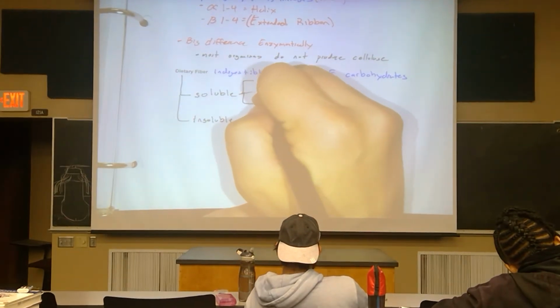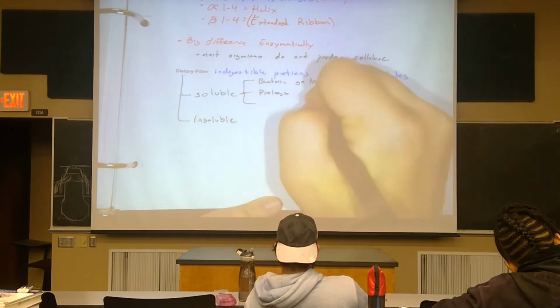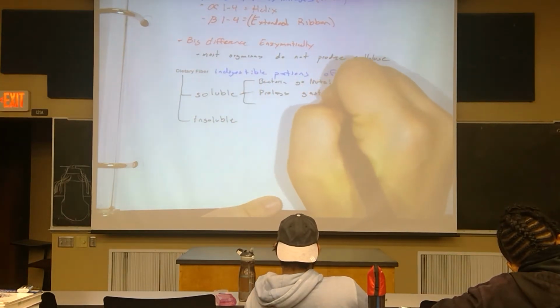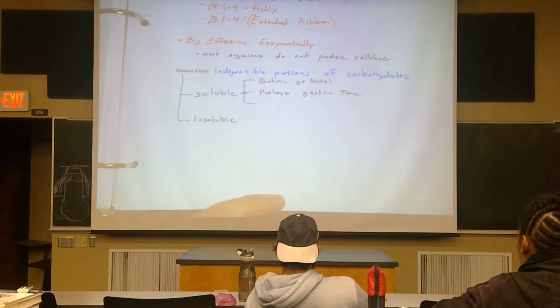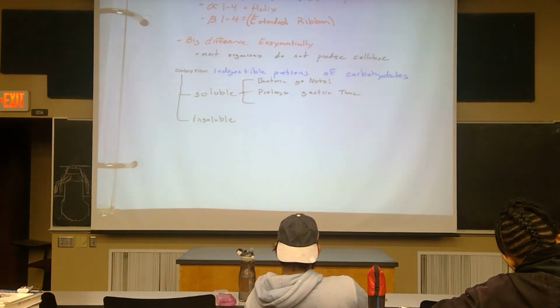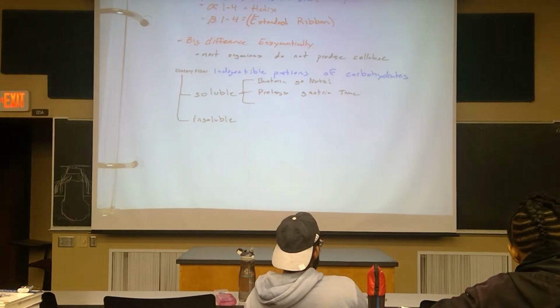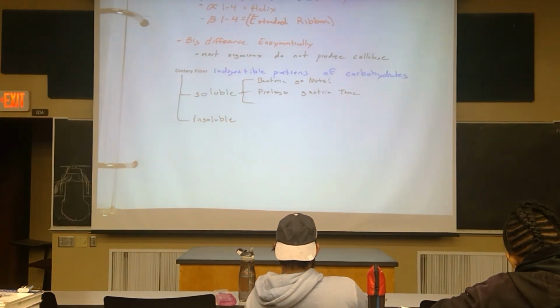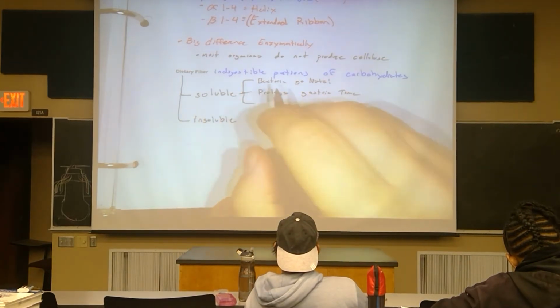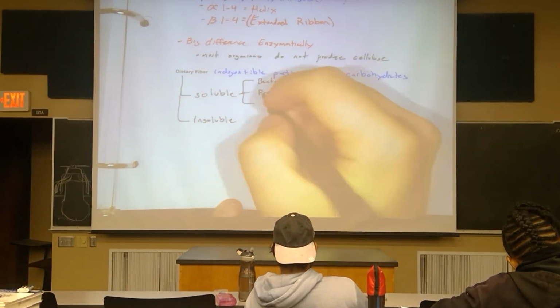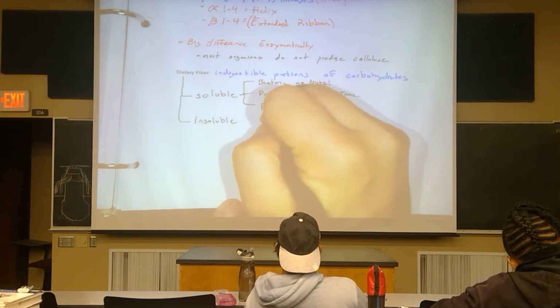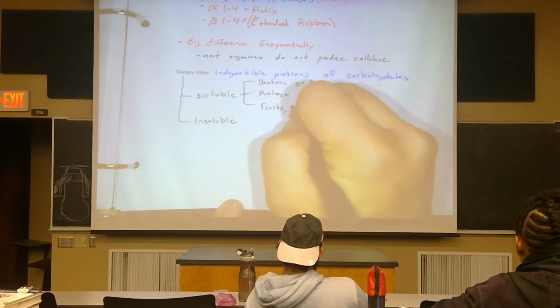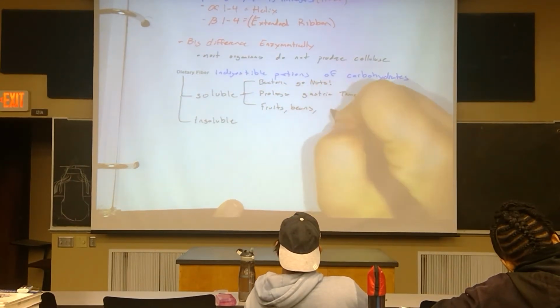It prolongs gastric time. So it prolongs gastric time, and you feel full longer. Most of these soluble carbohydrates, soluble dietary fibers, soluble indigestible carbohydrates come from things like fruits, beans, some veggies.